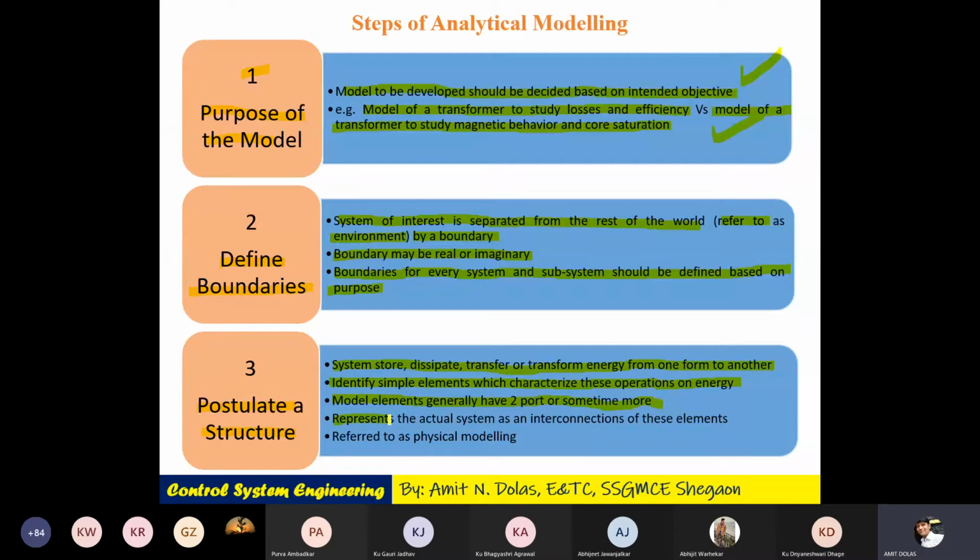It may be possible. Represent the actual system as an interconnection of these elements. Structure postulate करना क्या है? Interconnection of particular elements. RLC है तो RLC, whatever there is. And this is referred to as physical modeling. जो भी हम circuit वगैरह देखते हैं, we can say that is the structure. We'll see certain mechanical systems as well.